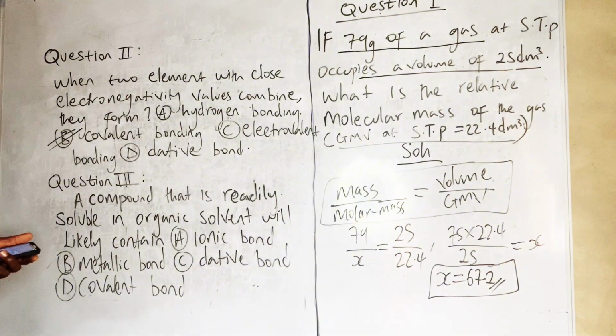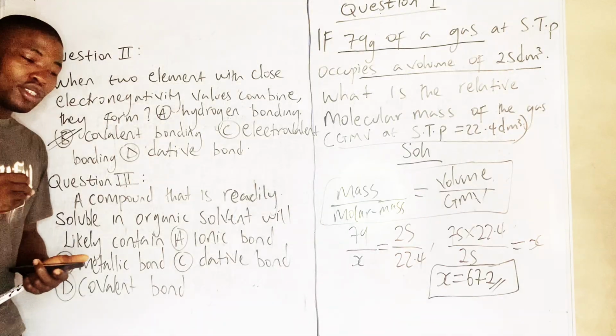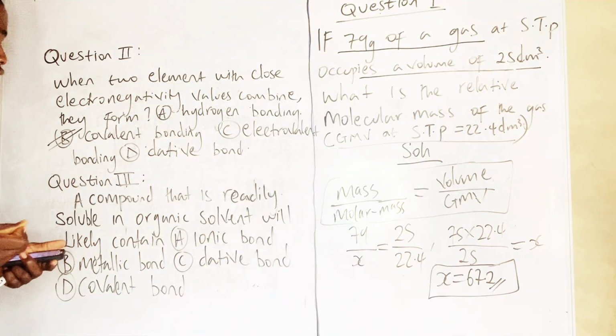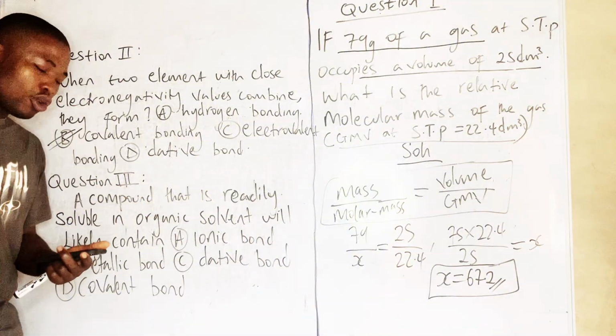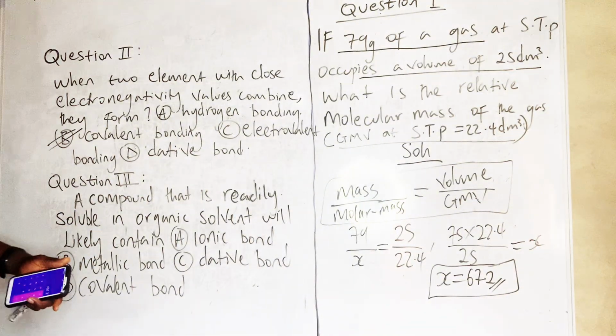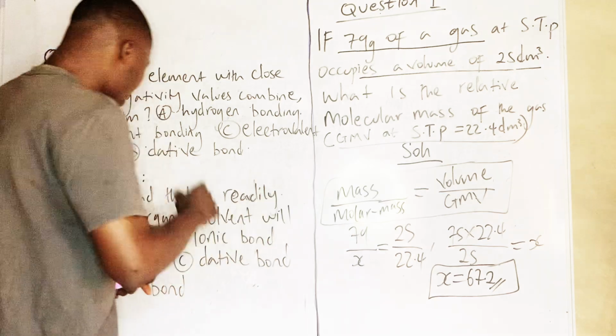So a compound that is readily soluble in organic solvent will likely contain what? Now, most organic compounds, except for a few with ionic bond or electrovalent bond, usually have covalent bond in their structure. The bond found in 90% of organic compounds is usually covalent.